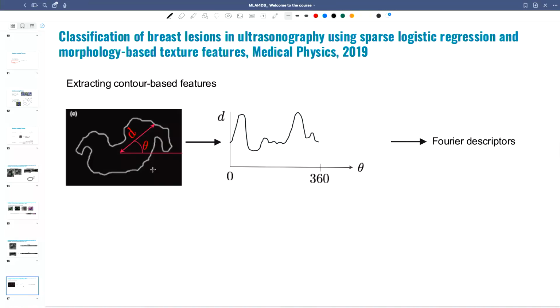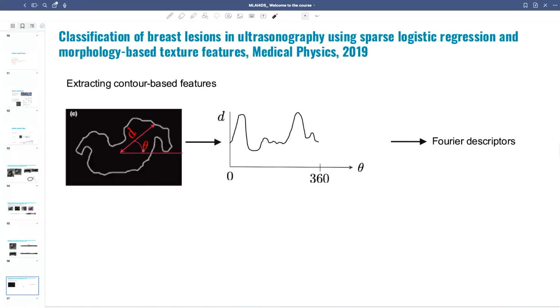The way that we went around this is to extract the signature of the contour. To extract the signature, you compute the center of the contour, and you intersect the contour at any given theta, which is the angle, and determine the distance from the contour to the center of the tumor, right?